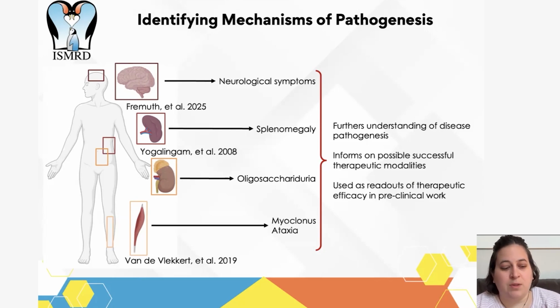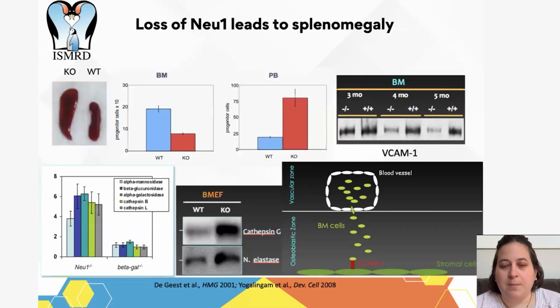These mechanistic studies really do allow us to further understand what is happening in the disease, and in that regard can inform readouts for therapeutic efficacy, as well as possible therapeutic targets outside of directly targeting Neu1. Because really, Sandra was passionate, or is passionate still, about just helping patients in any kind of way while we are trying to get something like gene therapy into the clinic.